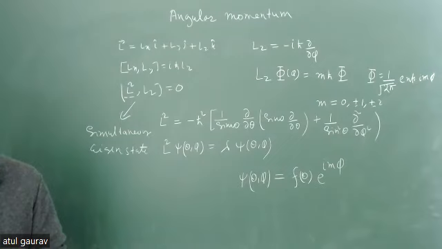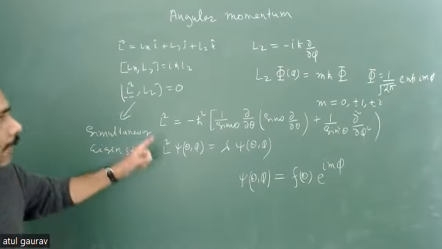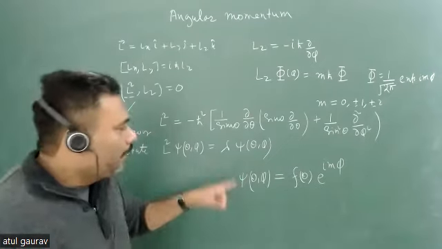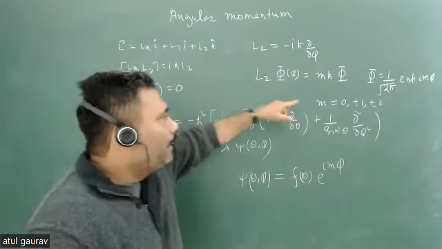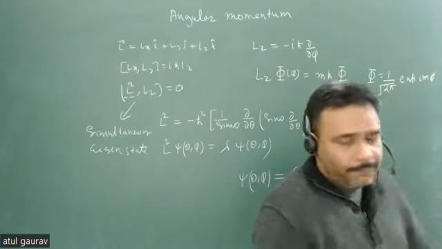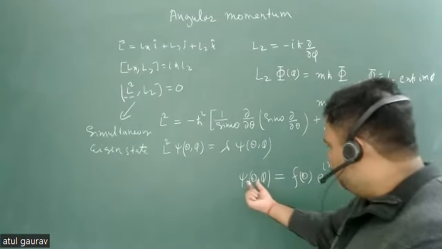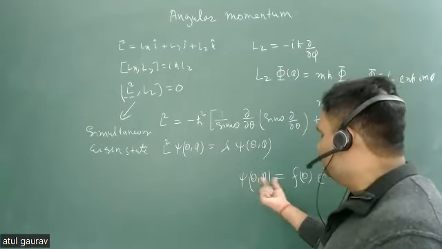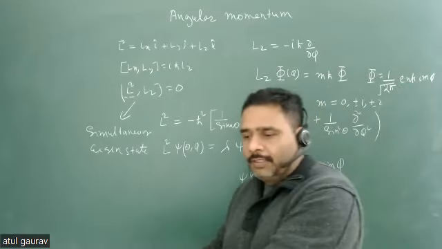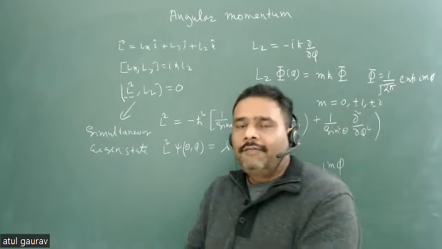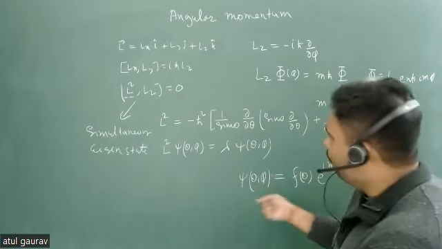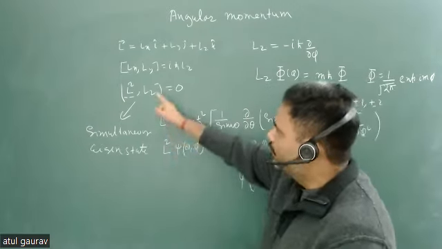Yes, sir. Yes, because we are using the fact that Lz has the eigenstate e to the power i m phi. And if we can do variable separation, then the theta part should be separate and the phi part should be separate. So if we are separating the phi part, this psi theta phi has to also be an eigenstate of Lz.